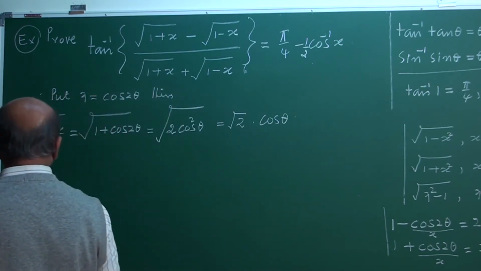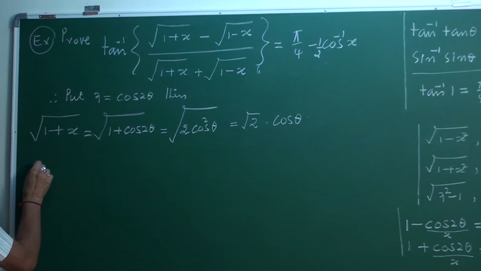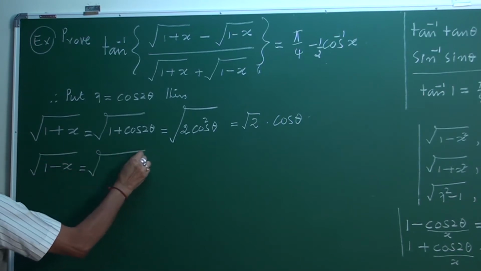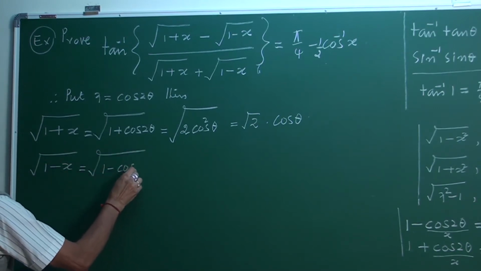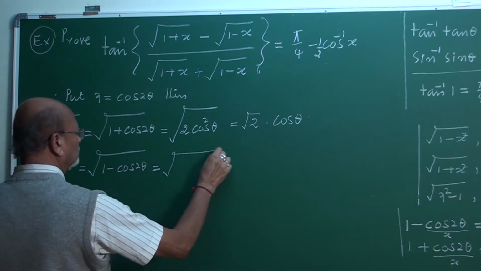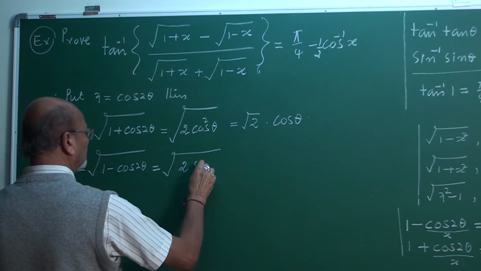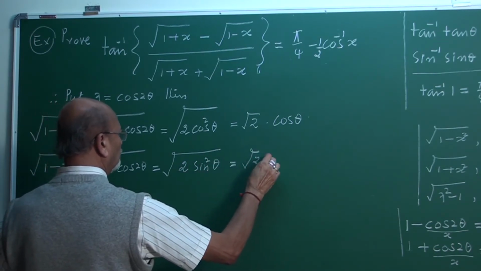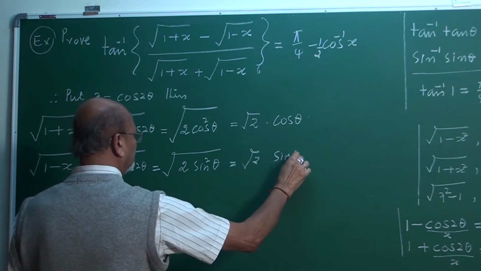Next, root 1 minus x. It is root 1 minus cos 2 theta. It is square root 2 sine square theta. Simplifying, root 2 sine theta.